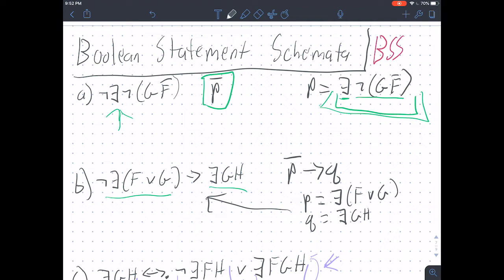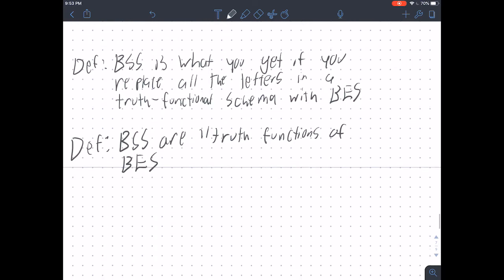And remember, Boolean statement schemata are made up of truth functions, so logical operators combined with Boolean existence schemata. And Boolean existence schemata are just a backwards E followed by a normal truth functional schema, just with capital letters instead of lowercase letters.